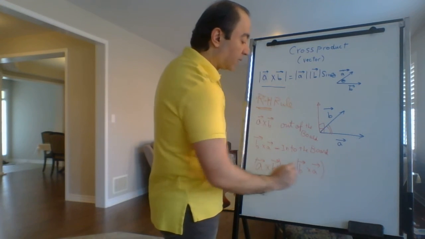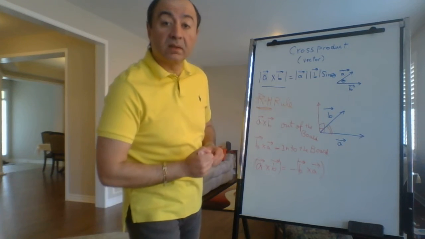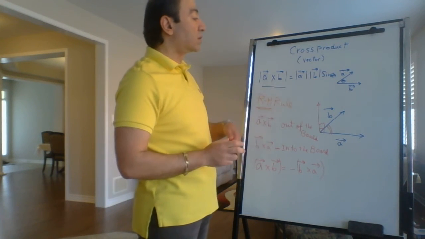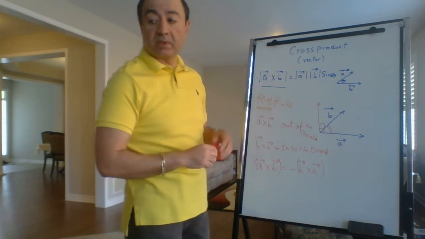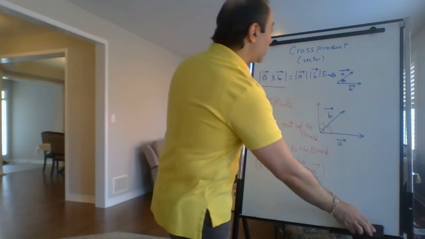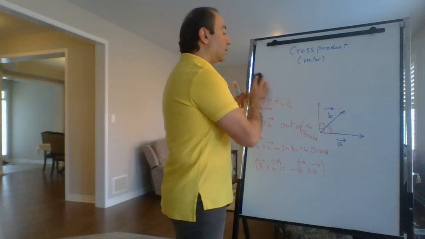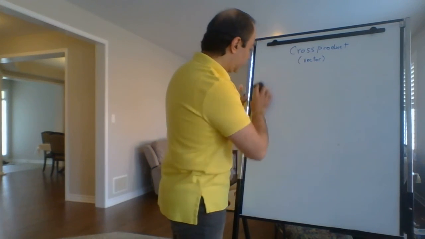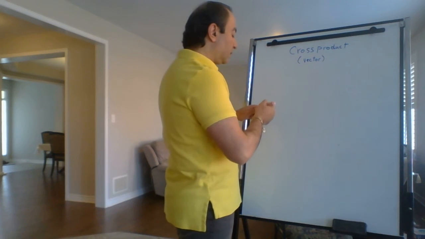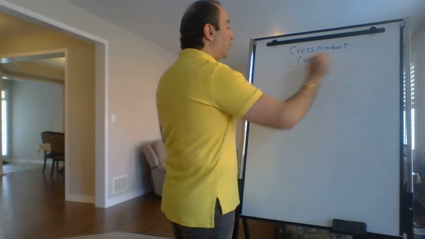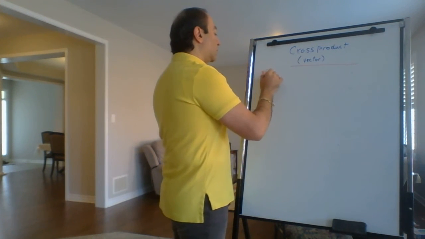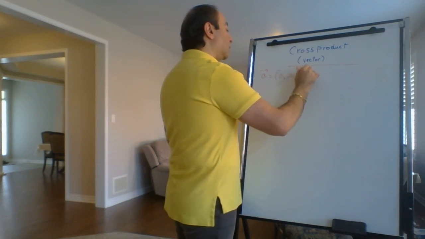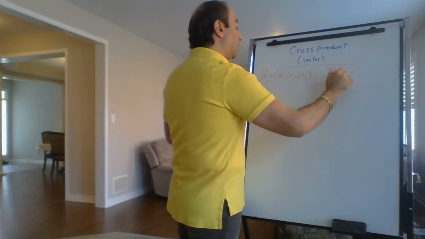Okay? This is how we find the cross product if we know the two vectors and the angle between them geometrically. Now we learned that we can know the vectors algebraically with components, 3 components, x, y, and z.